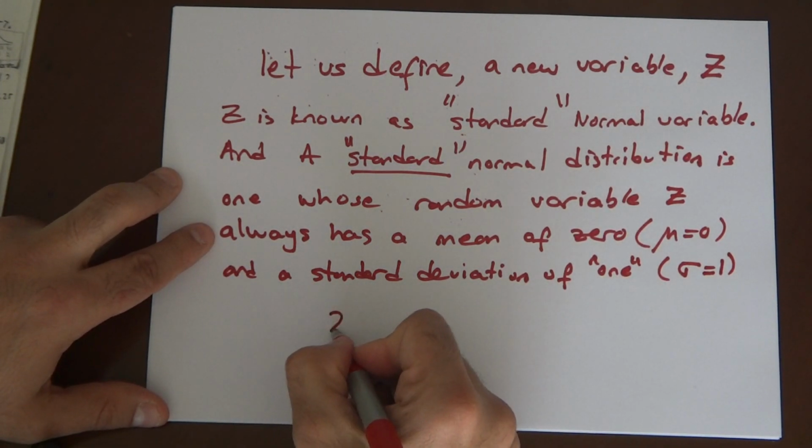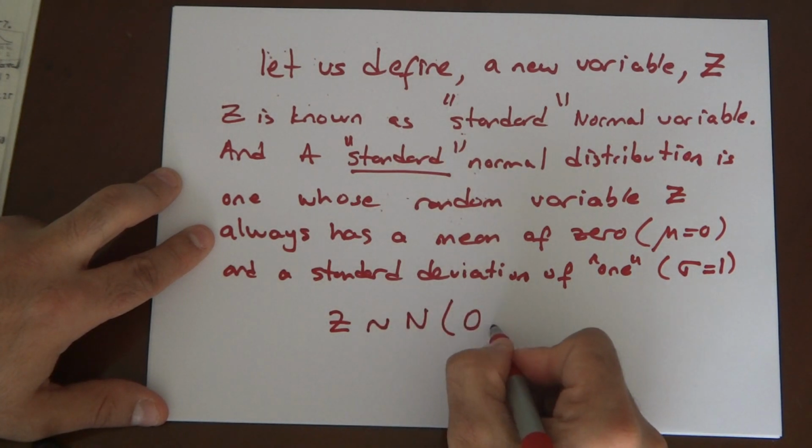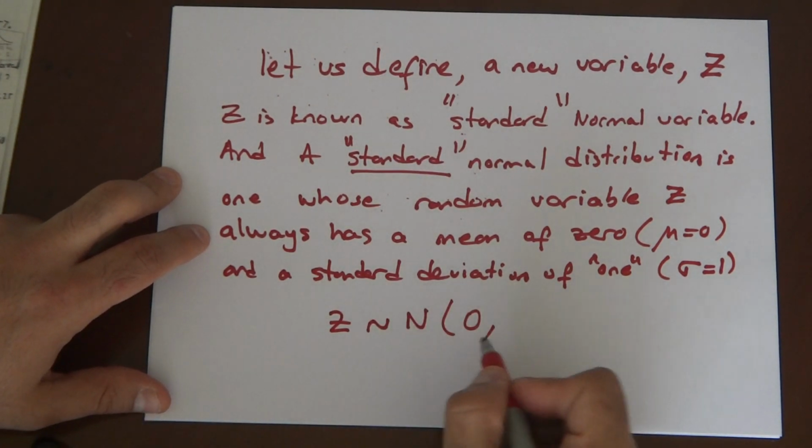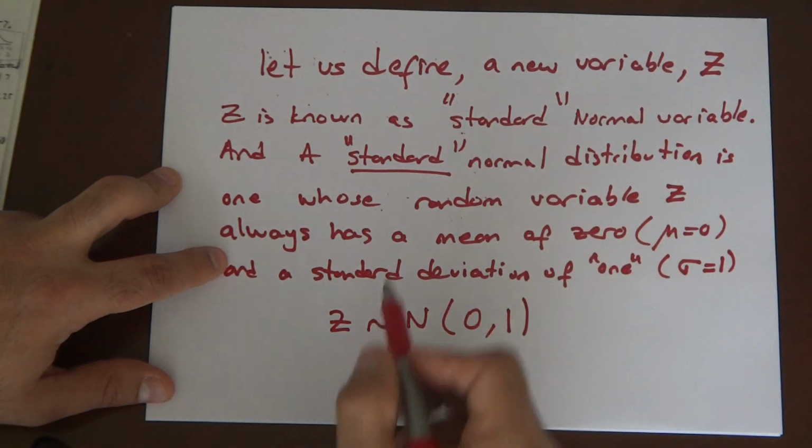Then we can say that Z is distributed normally with a population mean of 0 and a standard deviation of 1.